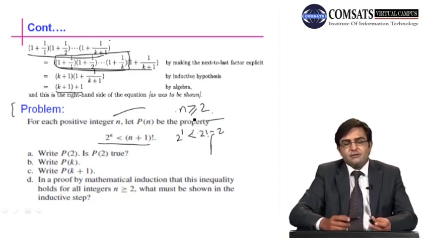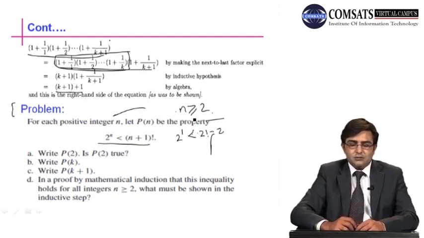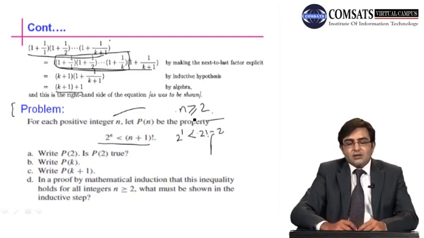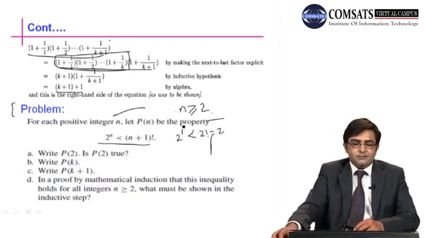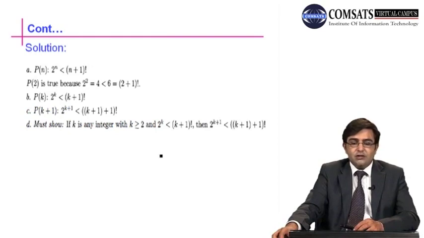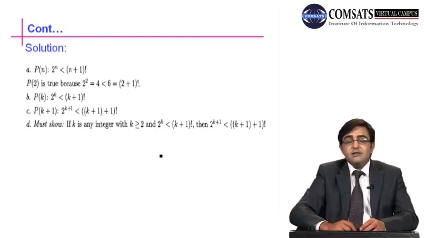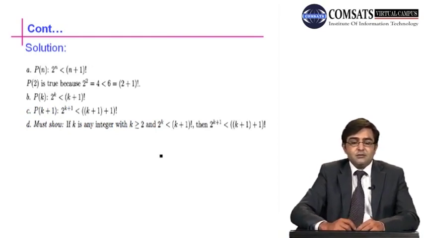Then we suppose that P(k) is true, and then we have to prove P(k plus 1) is true. So you will follow these 3 steps which we usually do in the principle of mathematical induction in proving some inequality, and I hope you will succeed in proving this inequality.